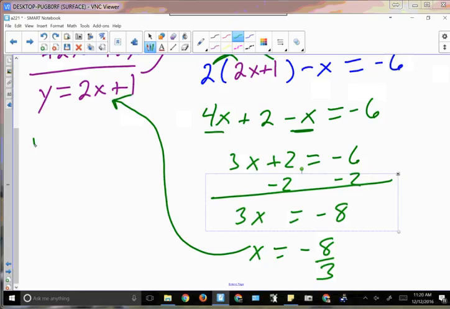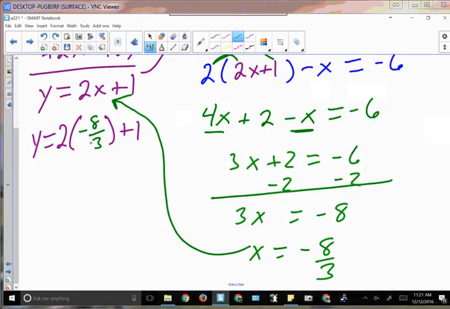So that means that I get y is going to be equal to 2 times, so what was x supposed to be? Well, x was supposed to be negative 8/3, correct? So when I do the math, I get y is equal to 2 times negative 8, which is negative 16/3, plus 1.